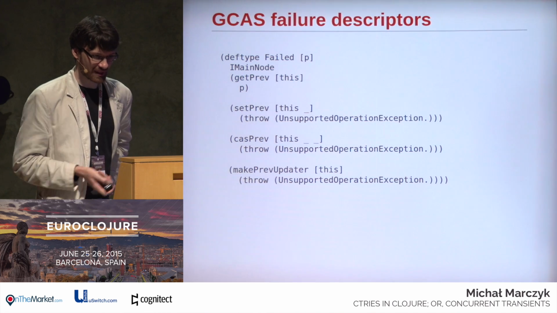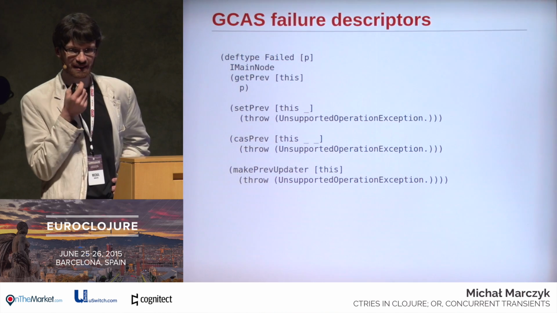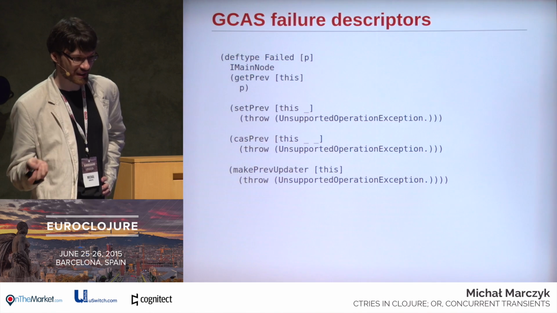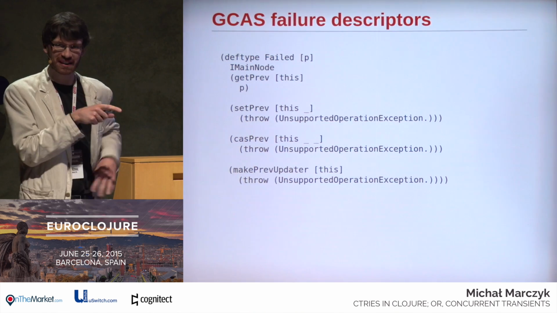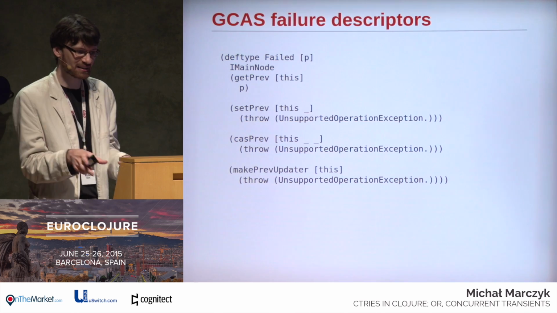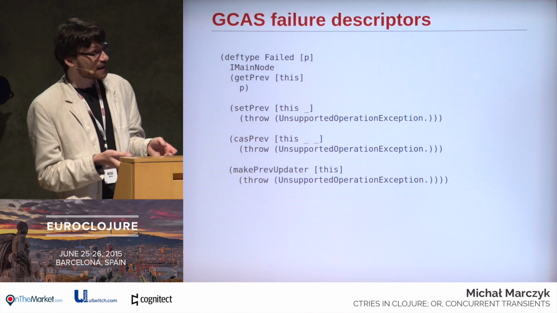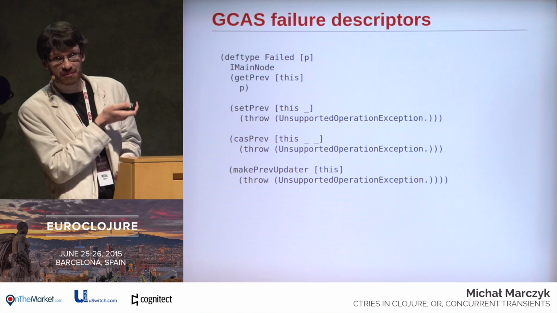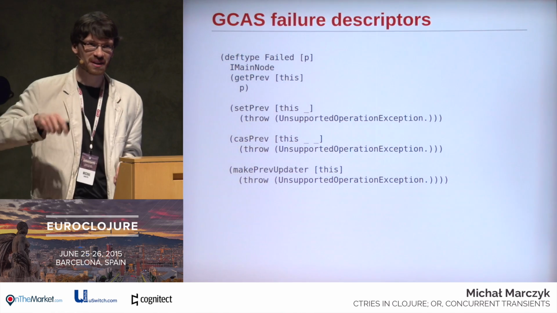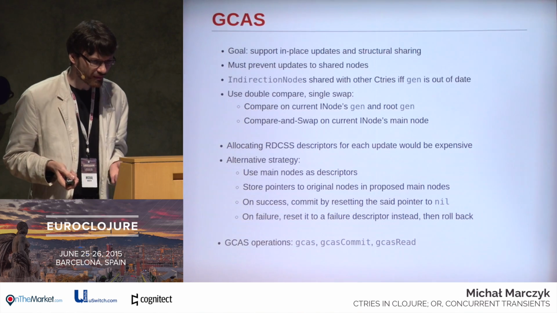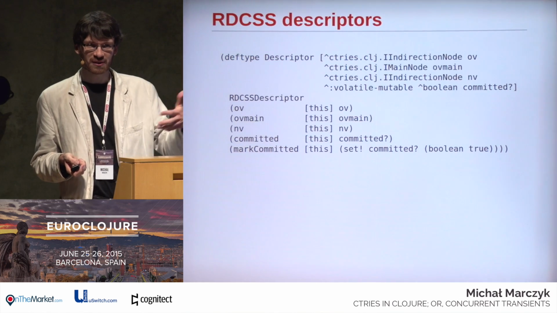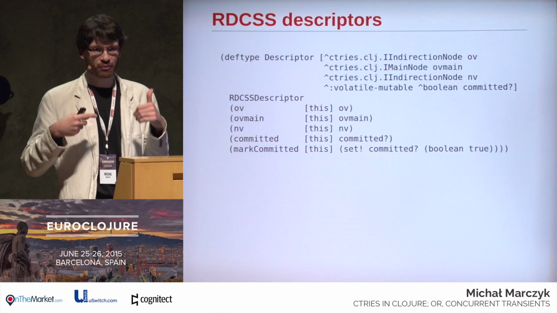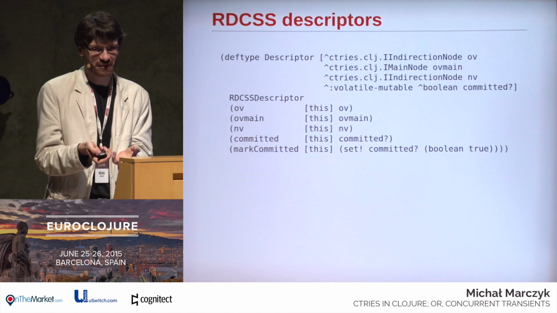This is one particular main node type that is only ever used as a descriptor mark, and it's only ever created if operations fail, and when they fail. And so you see, it has a get prev operation for getting the previous value. Basically, the idea is that a descriptor stores the original values and the proposed value for the new memory location.